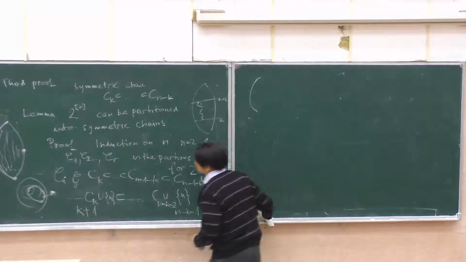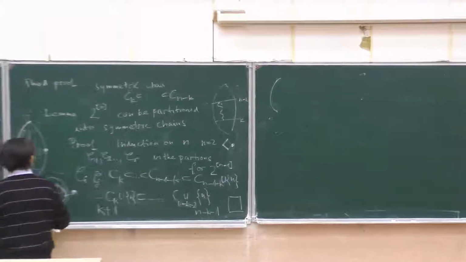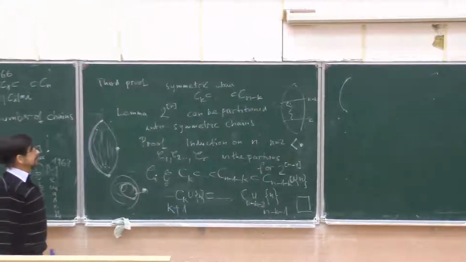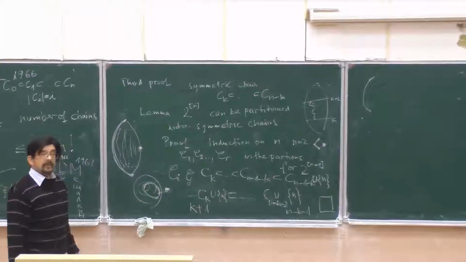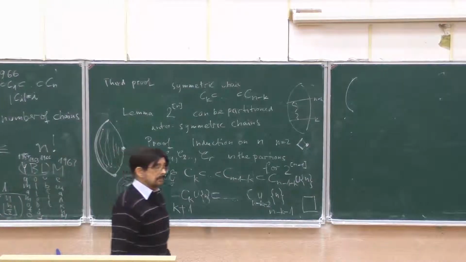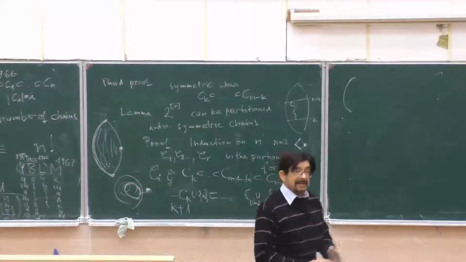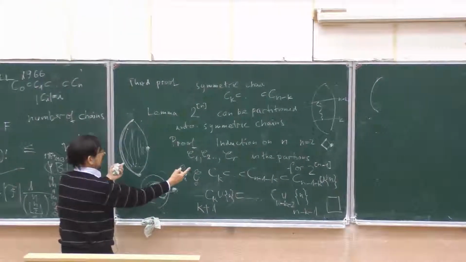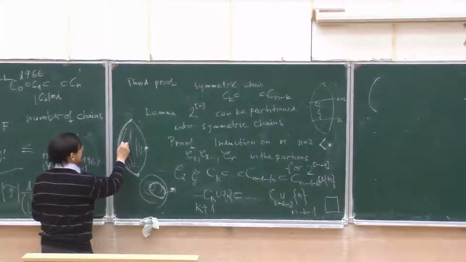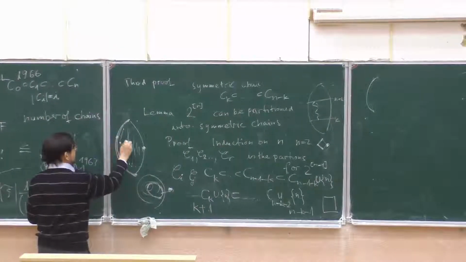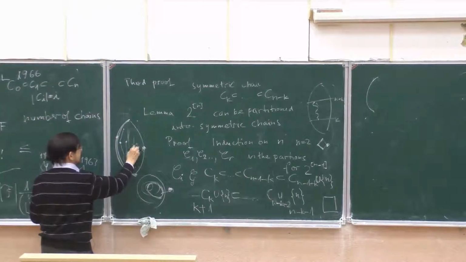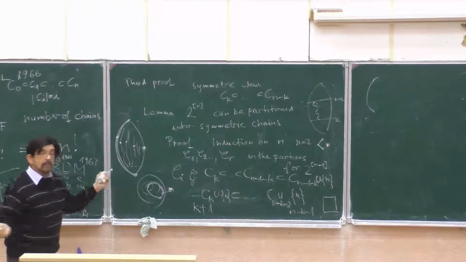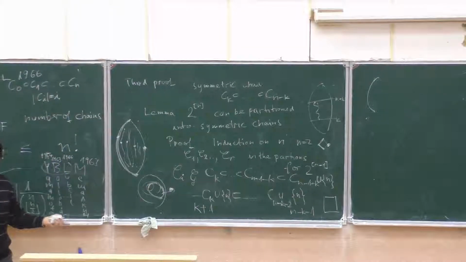We have the picture here. So we have a chain partition. How to prove now Sperner's theorem? So in each chain, we have at most one element. Two elements would contradict the condition of Sperner's theorem.